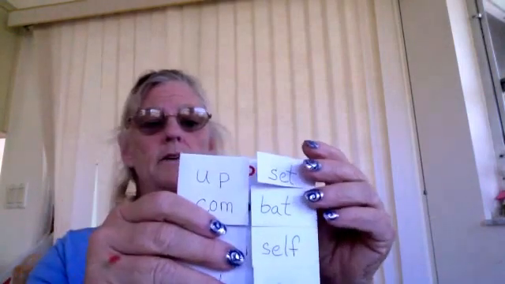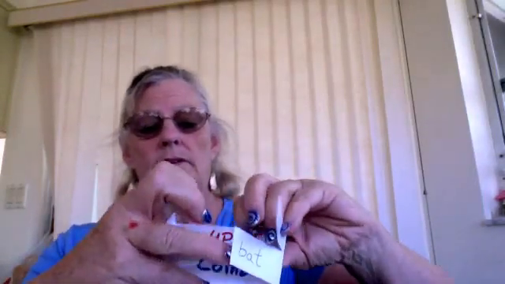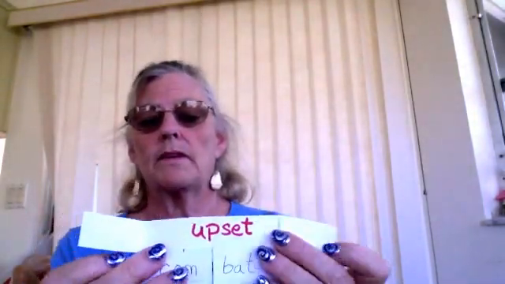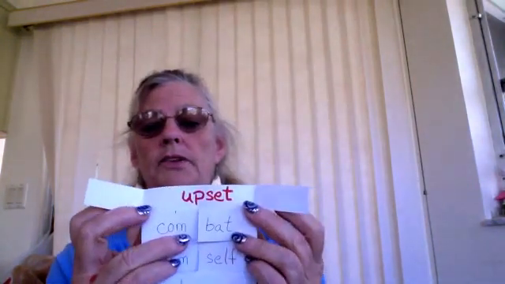I cut it in half and put it on the pieces so you have up, set, but if you open it up, it is set. So that you can see two closed syllables that make upset, and open it up to see the whole word.